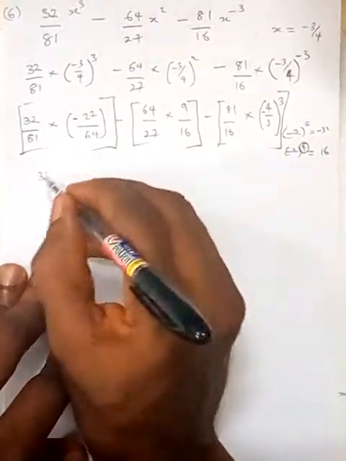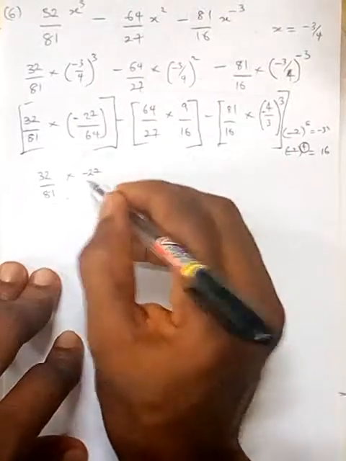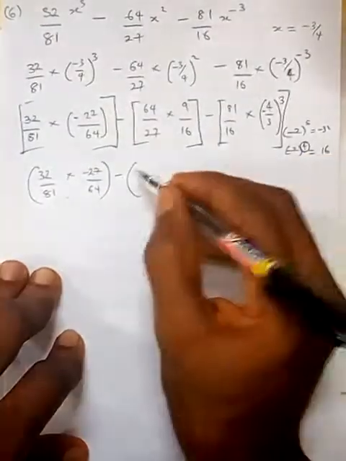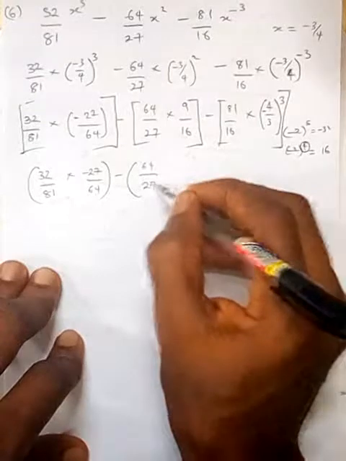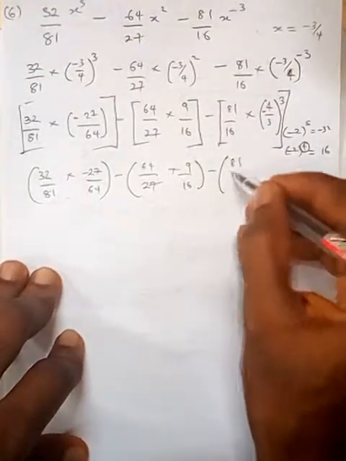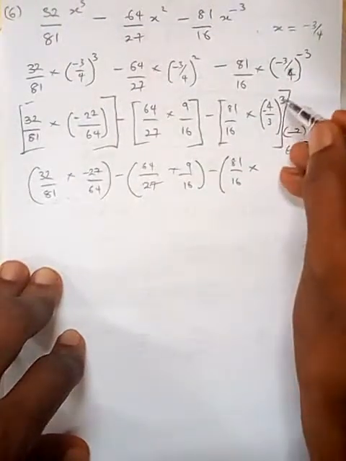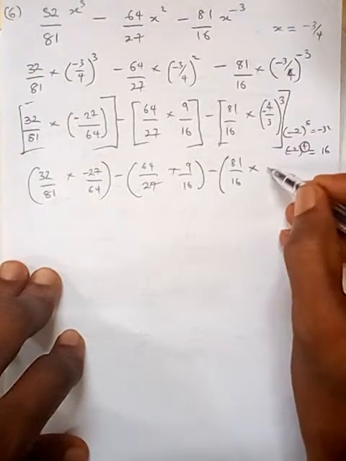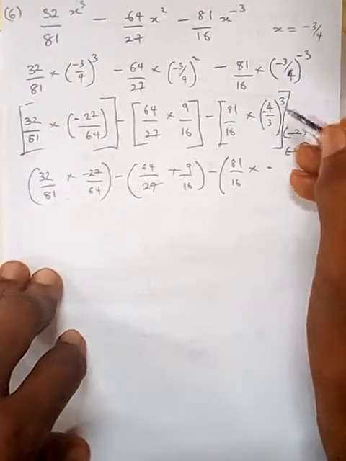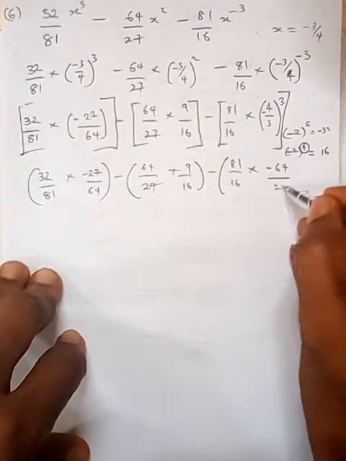So this gives us 32 over 81 times minus 27 over 64. We'll soon start cancelling. Just want to deal with this side. 64 over 27 times 9 over 16 minus, okay, 81 over 16 times, now this is raised to power an odd number, so this must be a negative answer, minus 4 raised to power 3 is 64 over 3 raised to power 3 is 27.